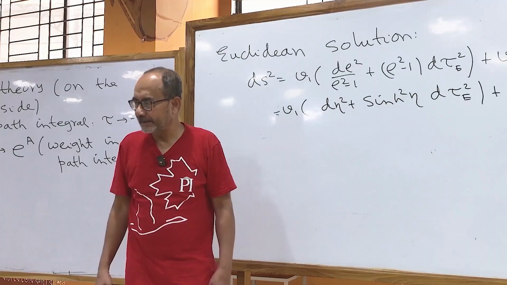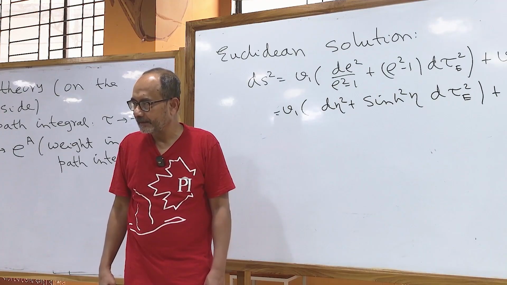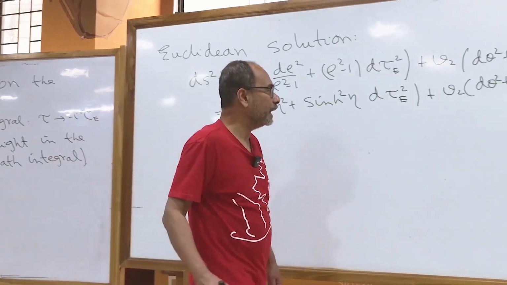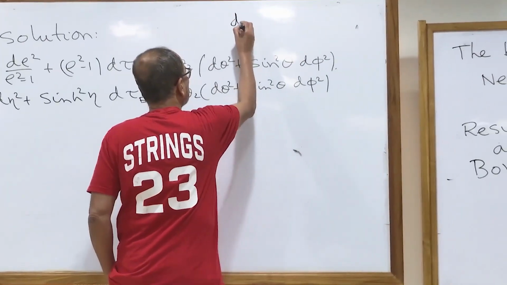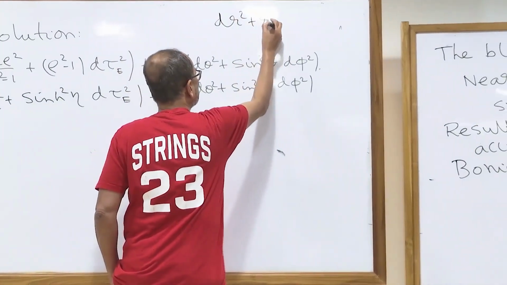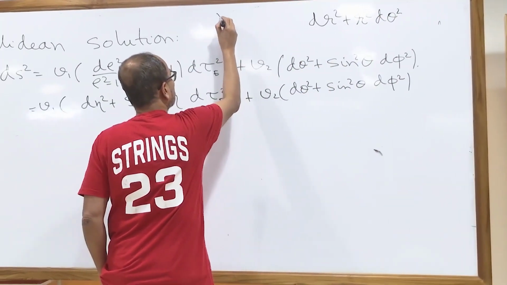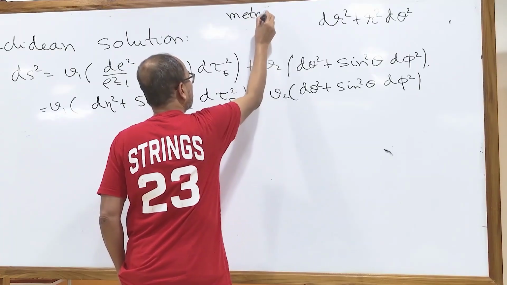Yeah, 2-dimensional space in polar coordinates. What is the metric? It's dr squared plus r squared d theta squared. This is the metric in polar coordinates. Perfectly smooth metric.